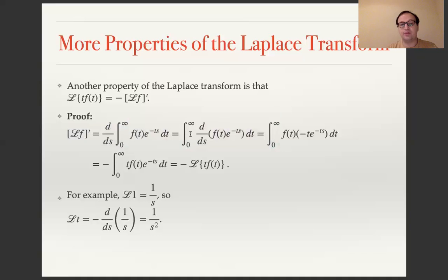So it's the integral from 0 to infinity of d over ds of f of t e to the minus ts dt, which is the integral from 0 to infinity of the derivative as a function of s of the expression under the integral. f of t is not a function of s, so it's not affected by the derivative. And then the derivative of e to the minus ts is minus t e to the minus ts.